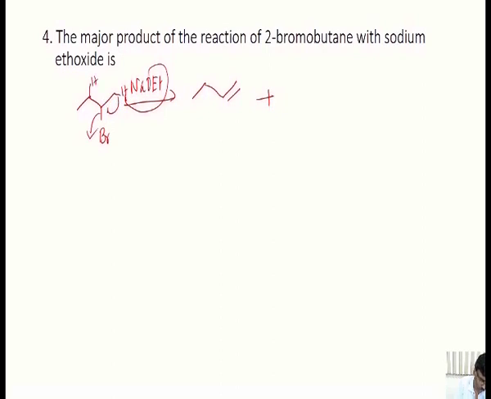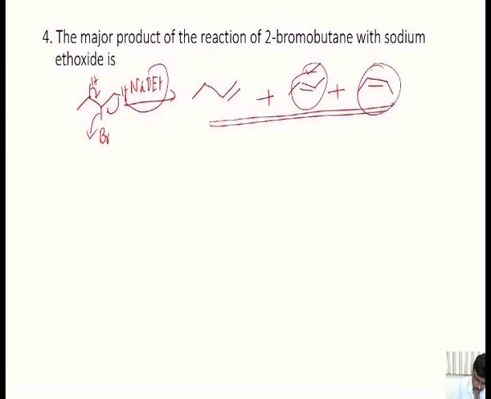On the other hand, if you deprotonate this hydrogen, you will be able to form a mixture of 2-butene, and if you look at the ratio of these compounds, this will be the major compound, and when you compare these two alkenes, this is the more substituted alkene.